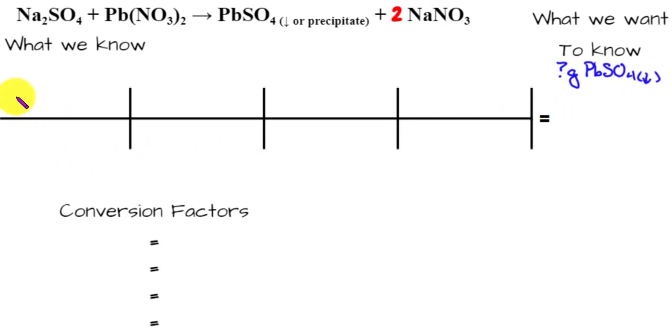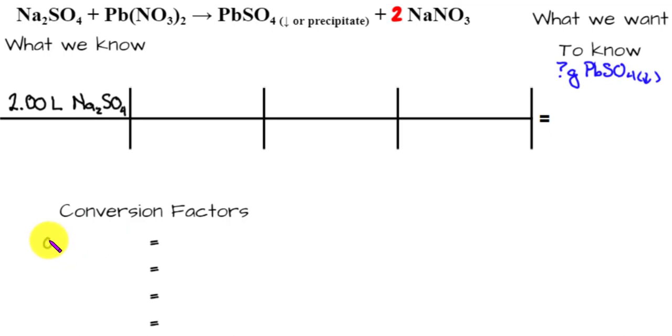The thing we are given is 2.00 liters of sodium sulfate, Na2SO4. Okay, we're told that the sodium sulfate is 0.025 molar.